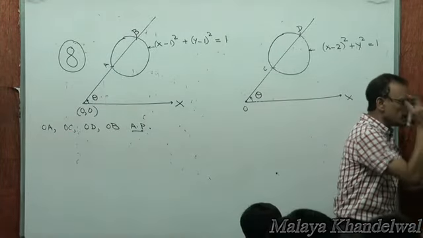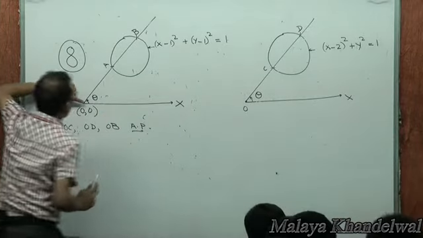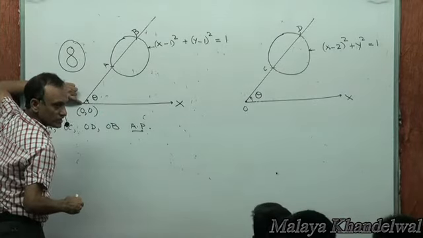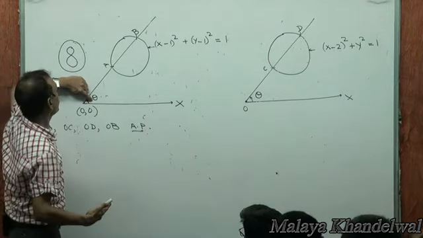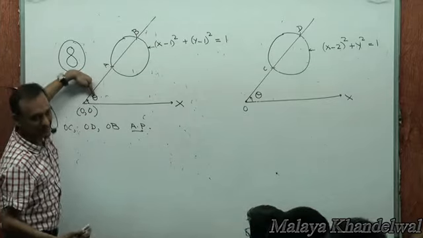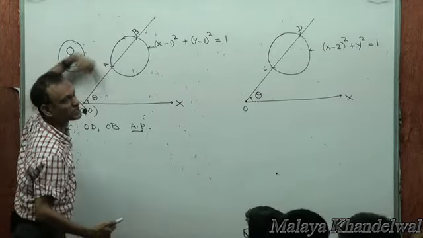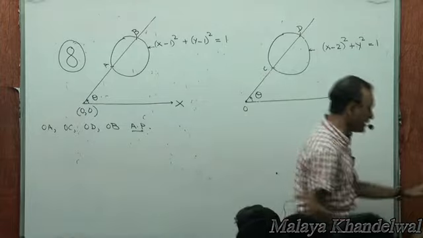Yes or no? Equation of this line means what? If I know that the line passes through the origin, then it suffices to know the slope of this line. Tan theta is all that. Then I know that the line would be y equal to x tan theta. M would be tan theta, right? A line passing through the origin with slope tan theta would be y equal to x tan theta, right?